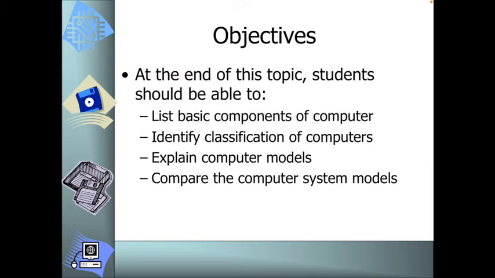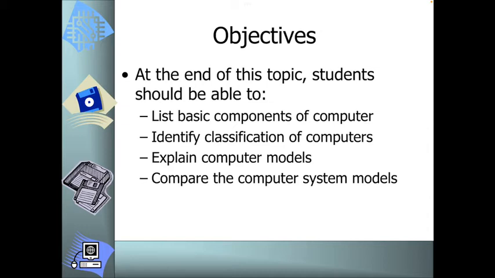Before we go further, we look first at our objective in this chapter 1 part 2. At the end of this topic, you should firstly be able to list the basic components of computers.